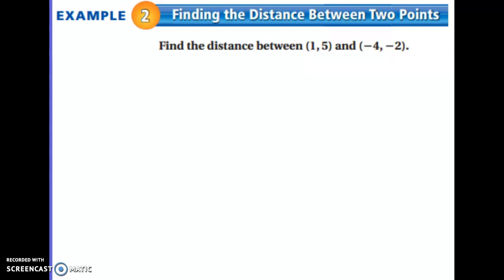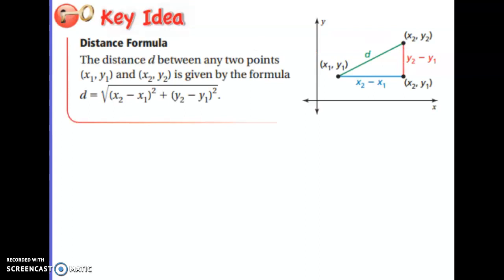Find the distance between 1, 5 and -4, -2. So first I'm going to go ahead and label my x's and y's. So here I'm just going to call these x1, y1, and this is x2, y2. And it might take you a little bit to remember the formula, so you're going to go back and forth between the screen and your problems.